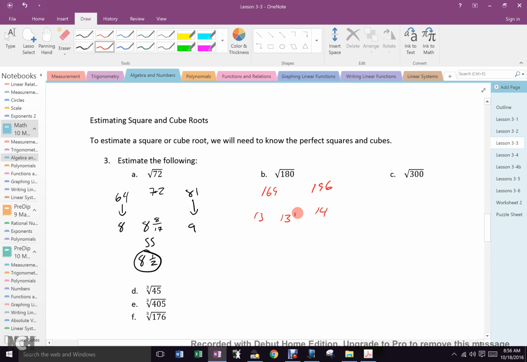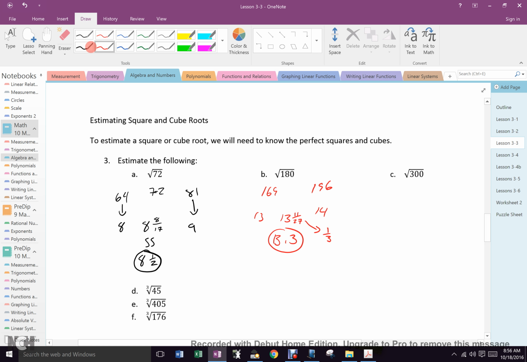So it's 13 and 11/27, right? Which is pretty darn close to 13.3, because 11/27 is pretty close to 1/3. Everybody okay with that? Everybody good? Everybody understand what I'm doing?